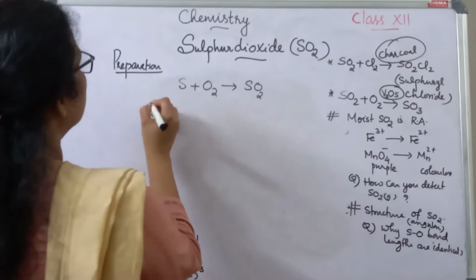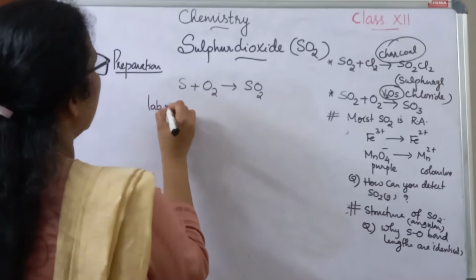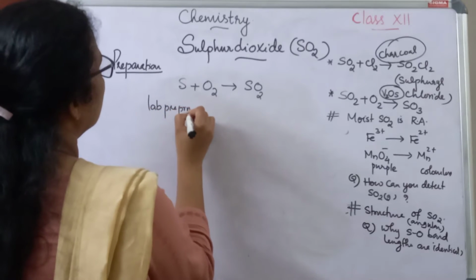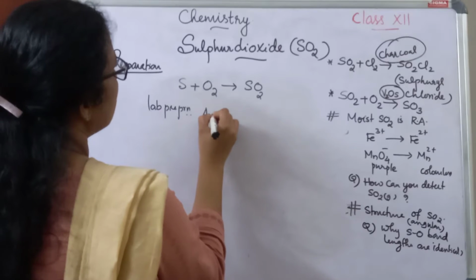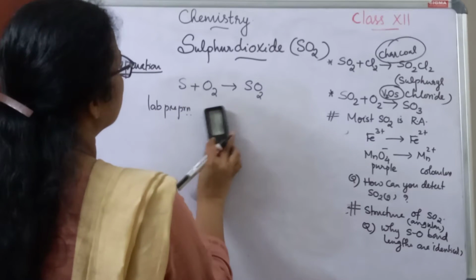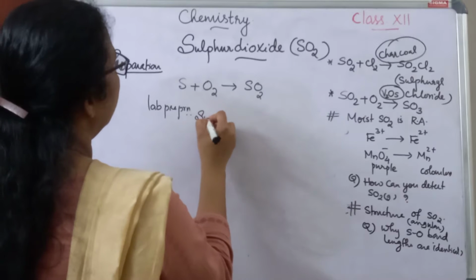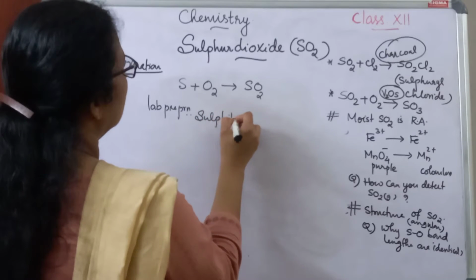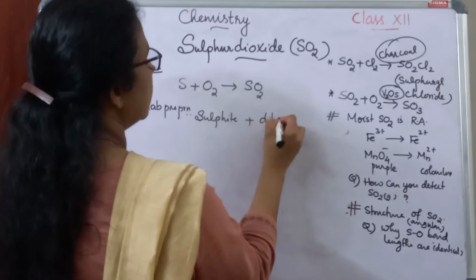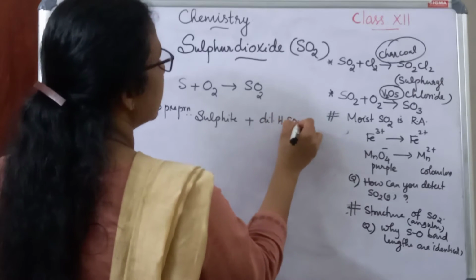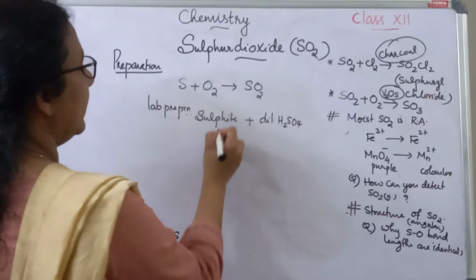Then another method is laboratory preparation. That is, any sulfite on treatment with dilute acid, say sulfuric acid, we will get sulfur dioxide.